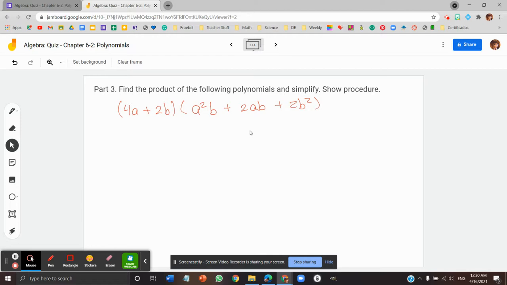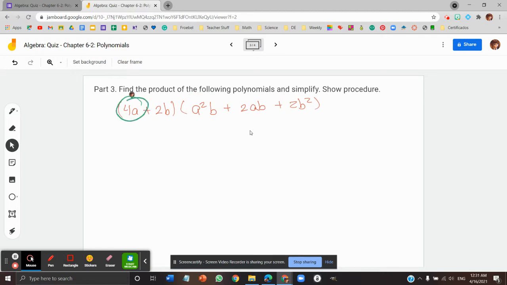Well, there are a lot of ways I can do this. Again, I can take the first term and then multiply it by the second group. Then I can take the second term and multiply it by the second group. And that's how I'm going to solve it. But if you want, you can also just take the first term and multiply it by the first term of the other group.